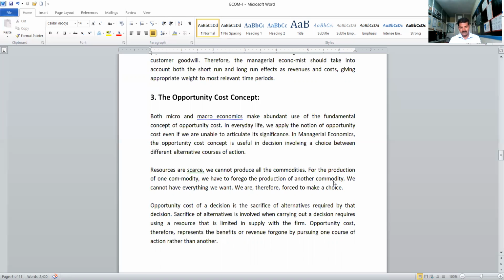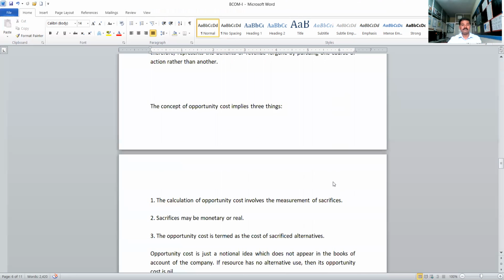Sacrifice of alternatives is involved when carrying out a decision requires using a resource that is limited in supply with the firm. Opportunity cost, therefore, represents the benefits or revenue foregone by pursuing one course of action rather than another.